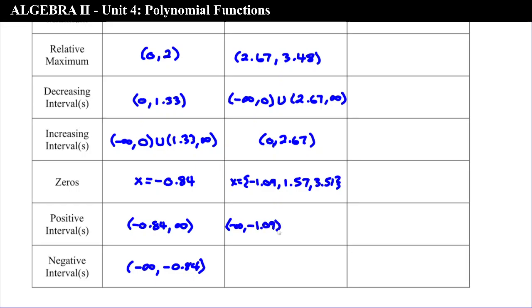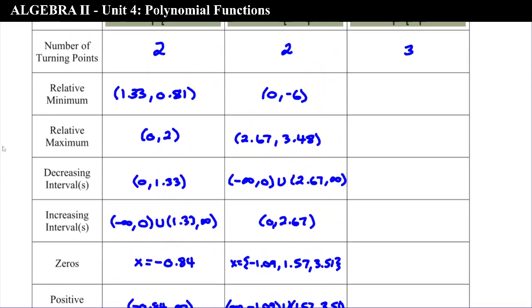And that's going to union with 1.57 to 3.51. Then we've got a couple of negative intervals, and those are from negative 1.09 to 1.57, union with 3.51 to infinity.